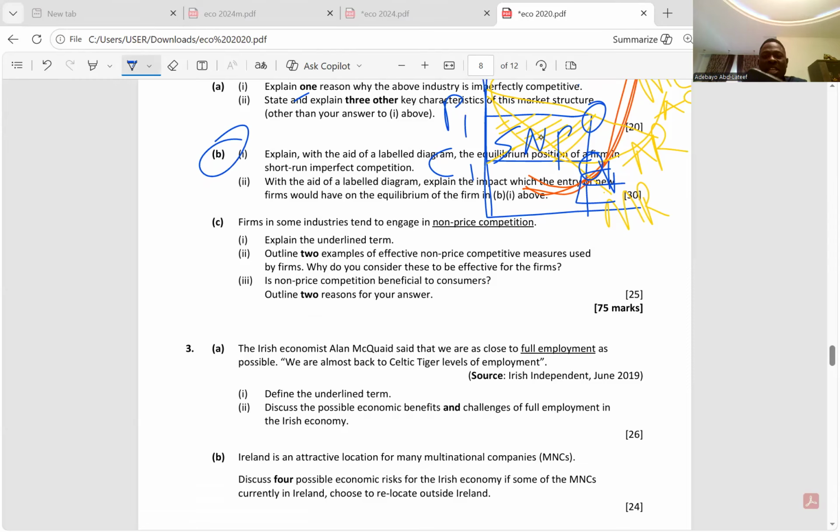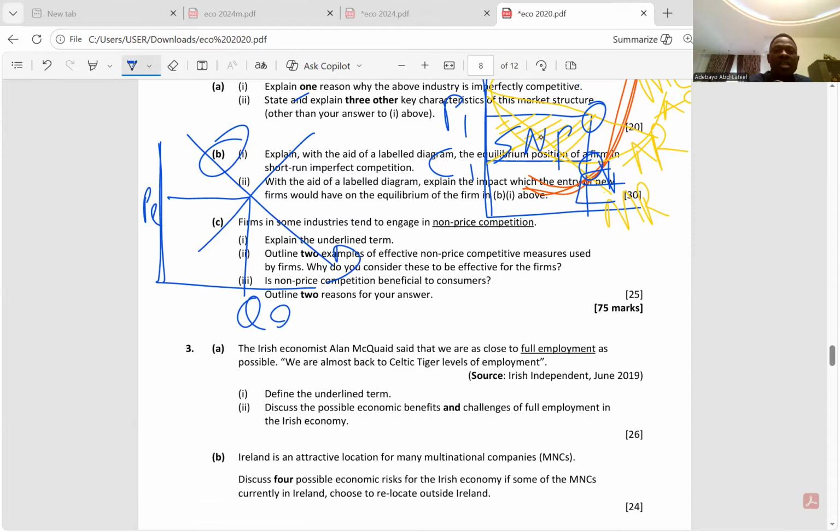The supernormal profit here would attract new firms to come into the market. And as soon as new firms come into the market, there's going to be a leftward shift in the demand curve for each firm. So we're going to have the demand curve facing a firm in an imperfect competition. So this is equilibrium PE, QE, demand, and supply.